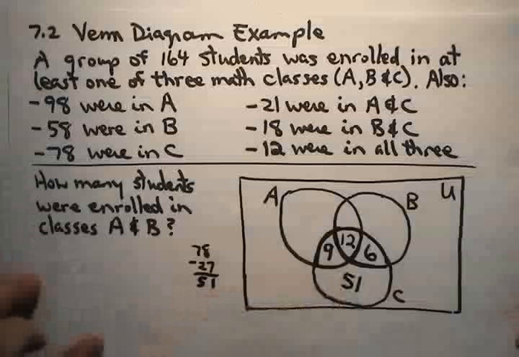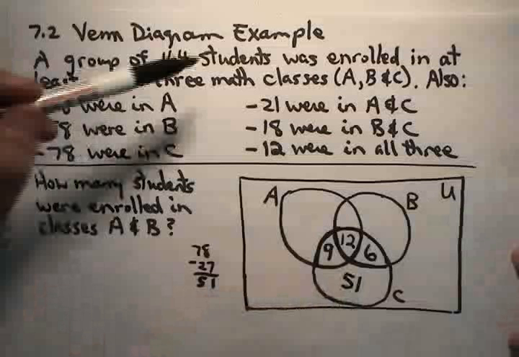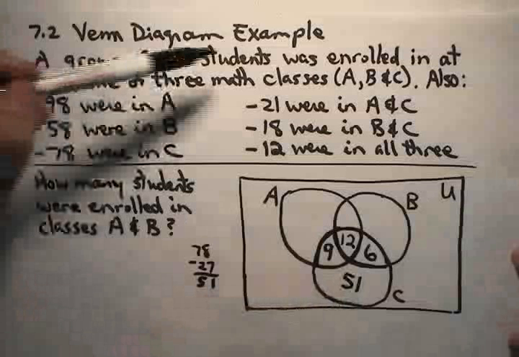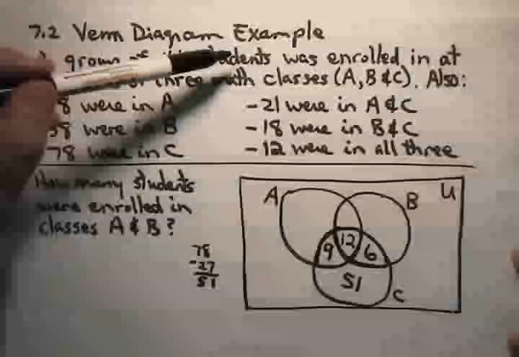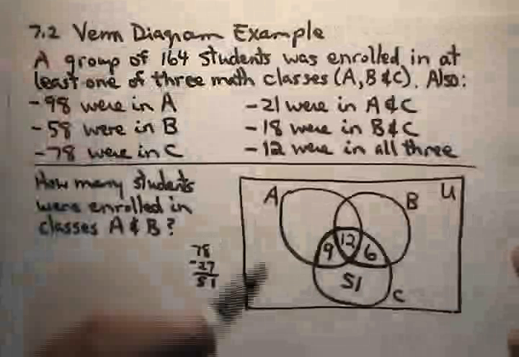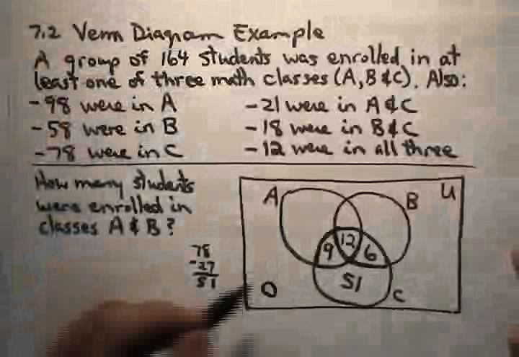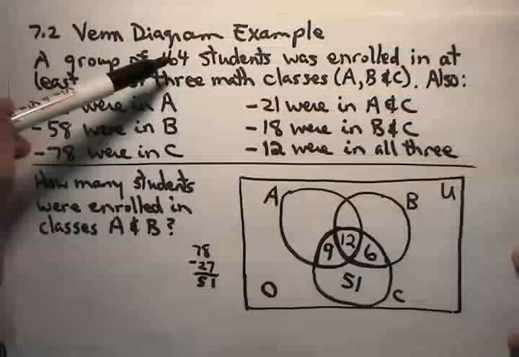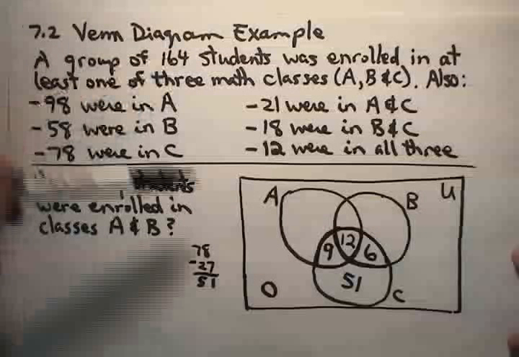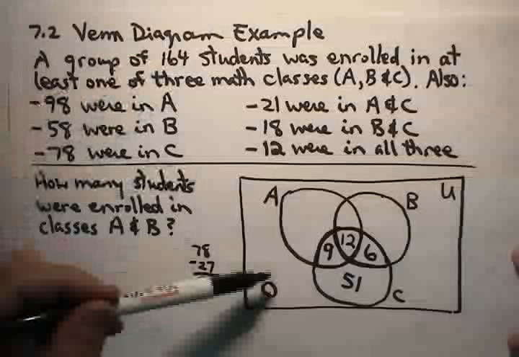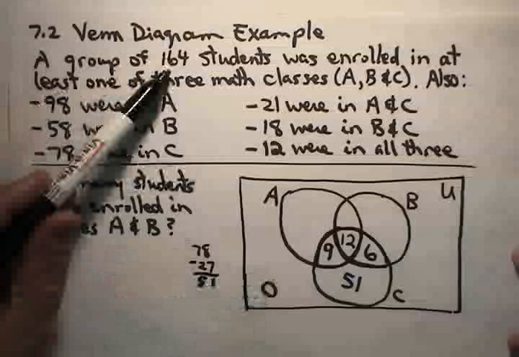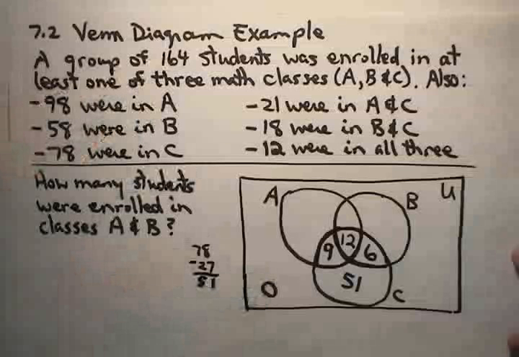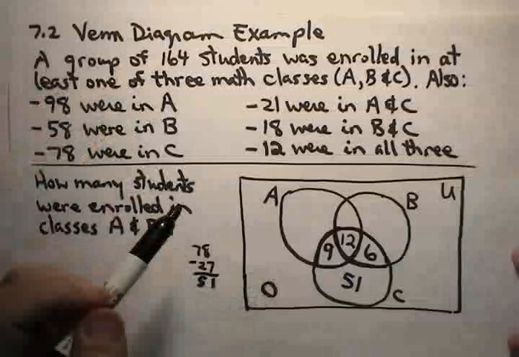Before I go any further, it says that each of these 164 students was enrolled in at least one of the three classes, so that means there's a 0 out here. Nobody among those 164 isn't accounted for by at least one of these numbers.